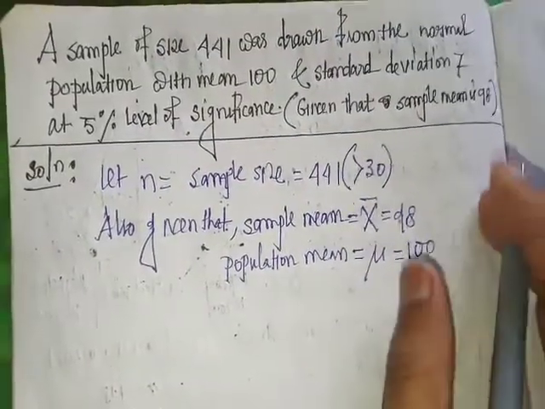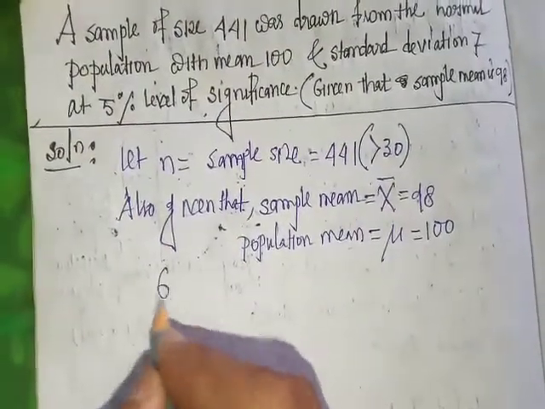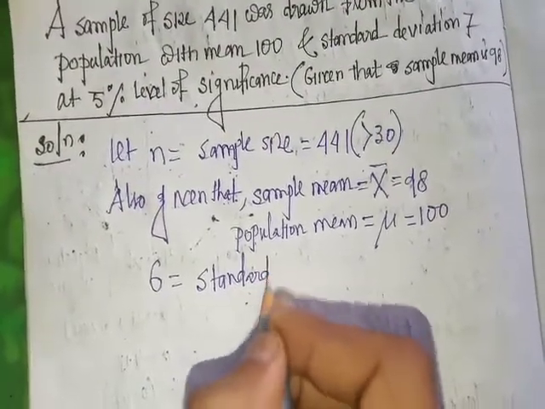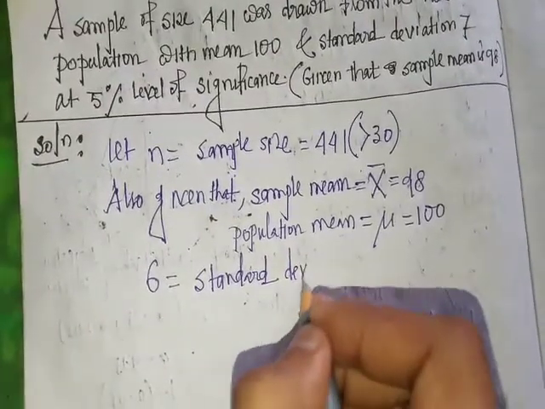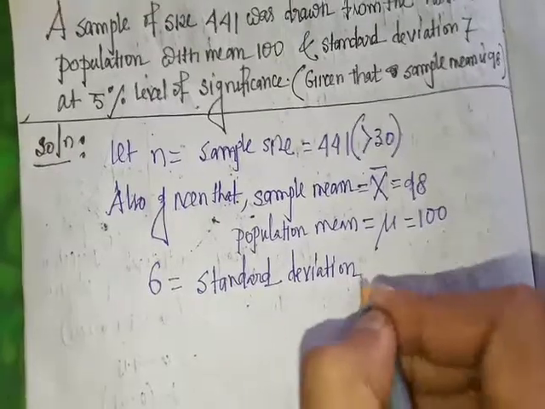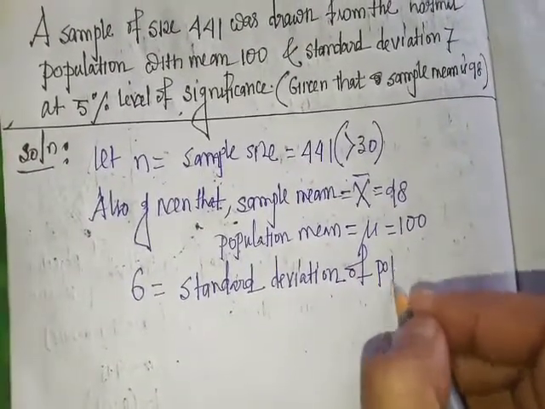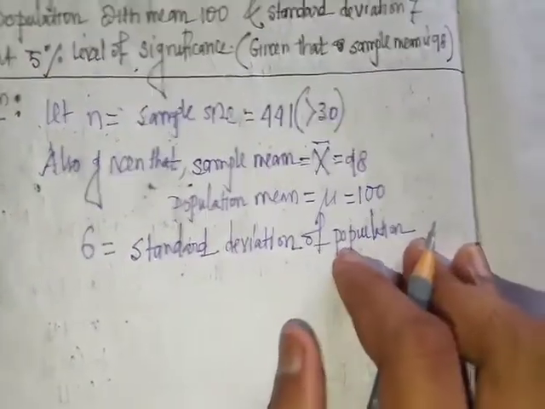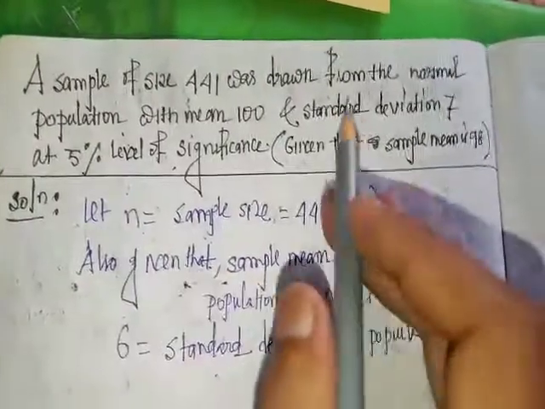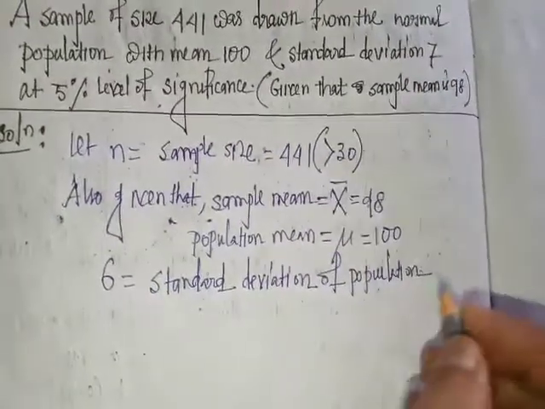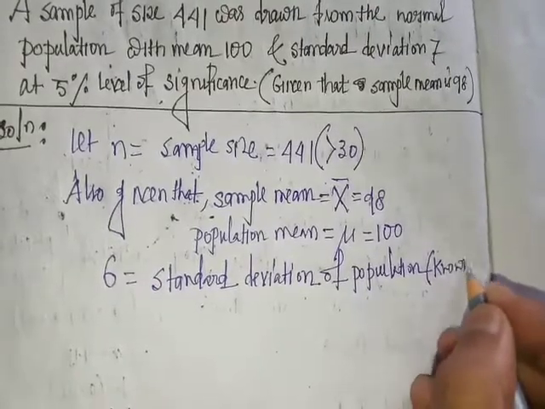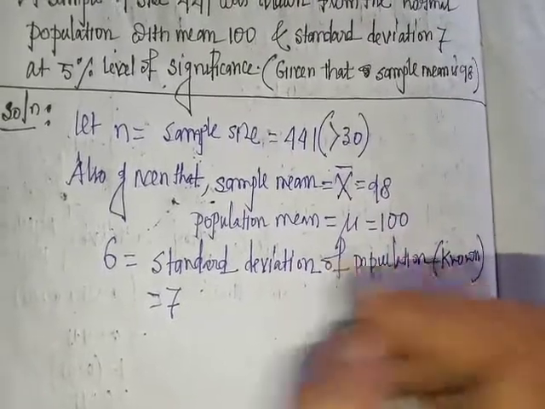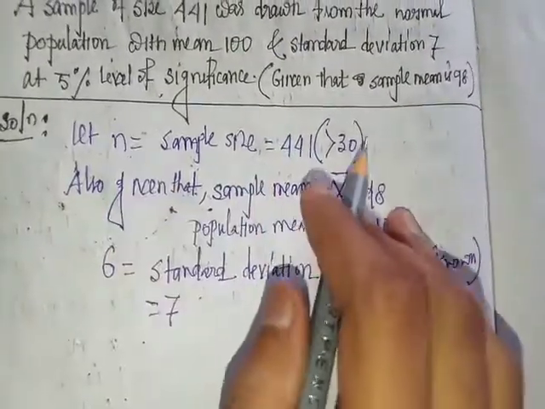Sigma is the standard deviation of the population. This is given, so the standard deviation of the population is 7, and this is known. So capital X bar is 98, mu equal to 100, sigma equal to 7, and n equal to 441.